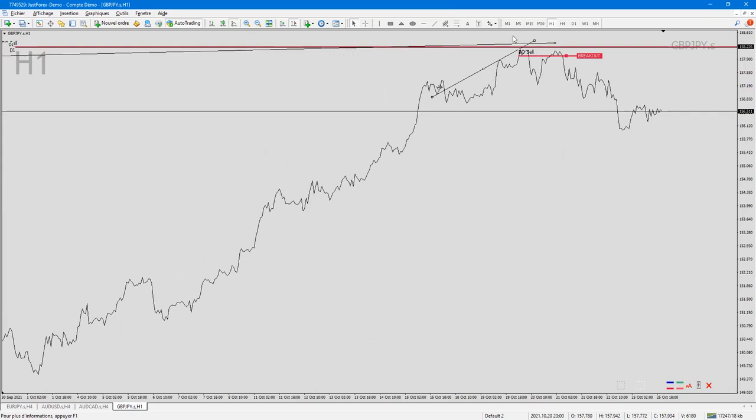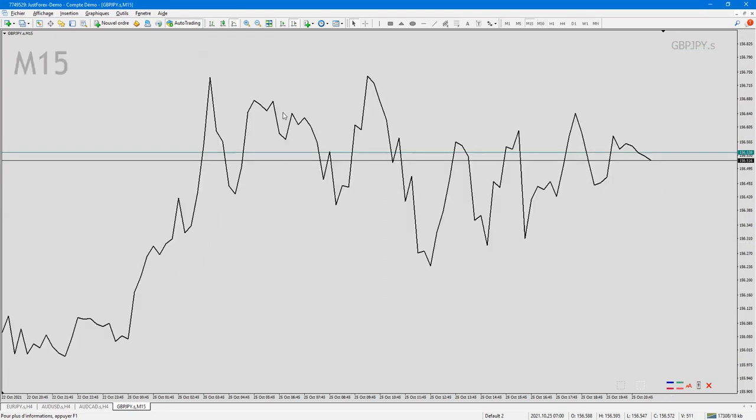I don't know if somebody else sees something. H1, we go to M15, right? Okay, go M15. Very nice.